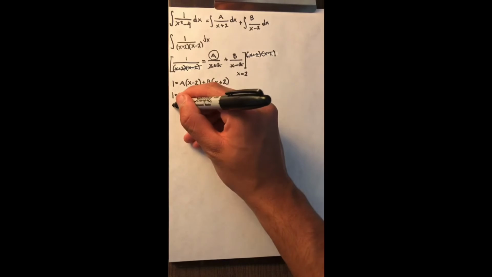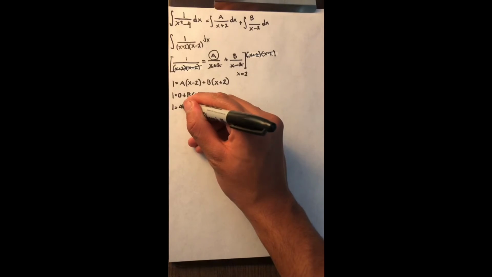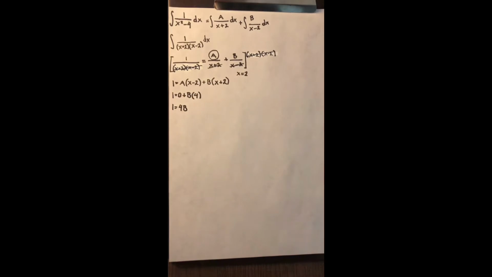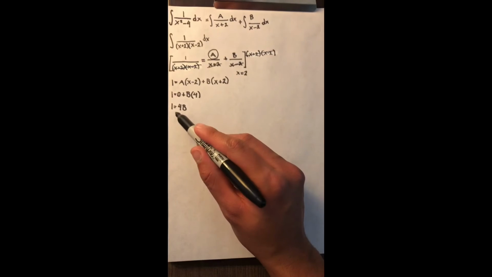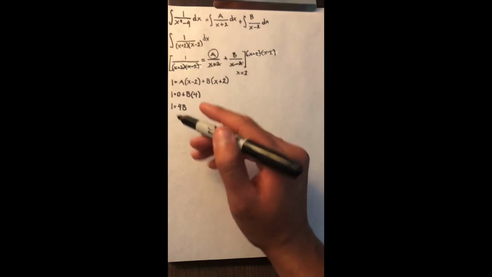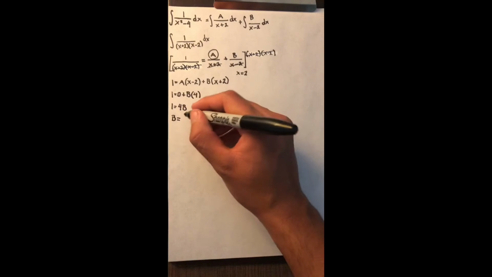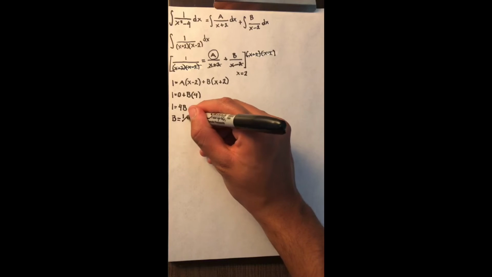Then we get 1 is equal to 4b. Dividing both sides by 4, we get that b is equal to 1 over 4.